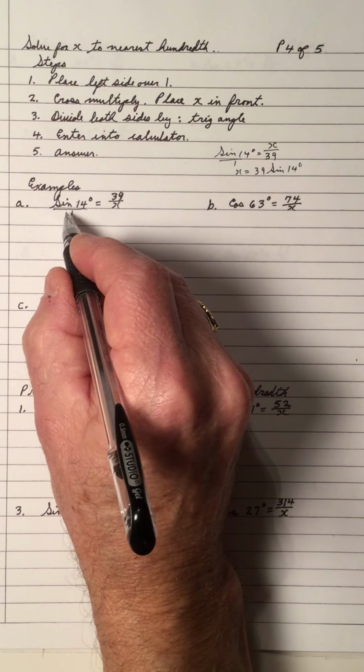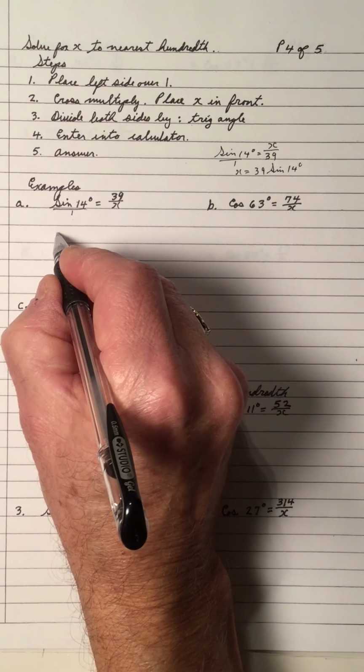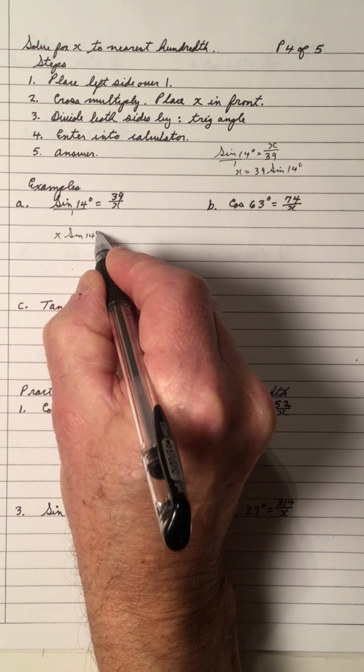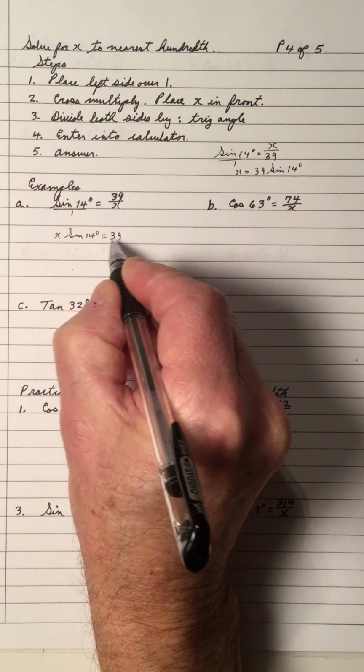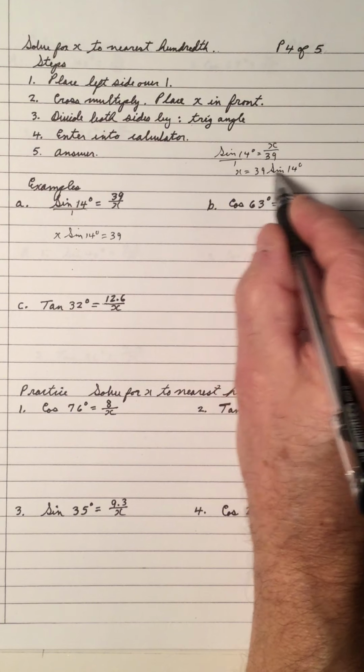But when you cross multiply now, notice the x is with the sine 14. So x sine 14 degrees is 39. When the x is on top, the cross multiplication is easy to see.